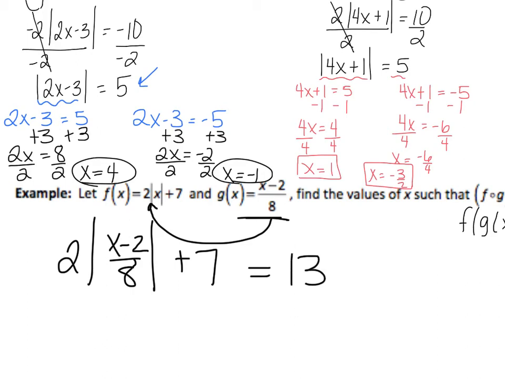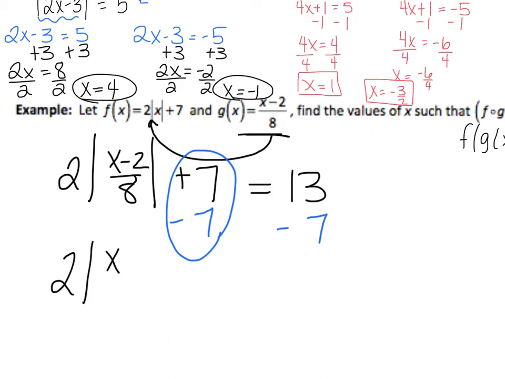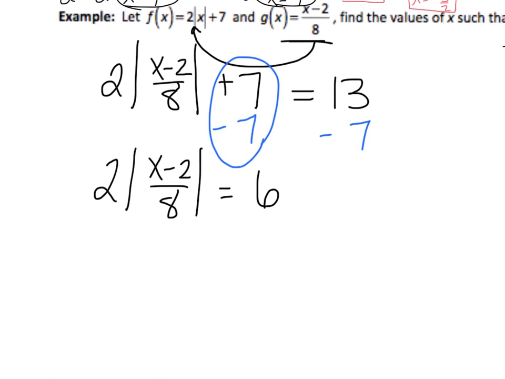Okay. So just like before, I want to isolate the absolute value, and the way I'm going to do that is I'm going to subtract 7 to make this 0. So I'll have 2 absolute value of (x minus 2) over 8 equals 6. And I'm going to divide both sides by 2.